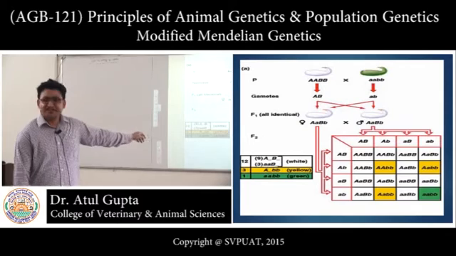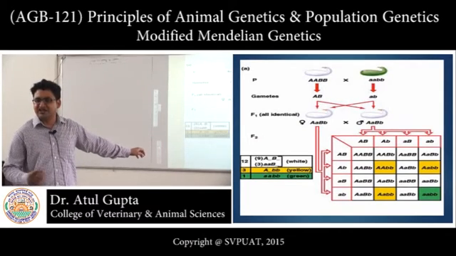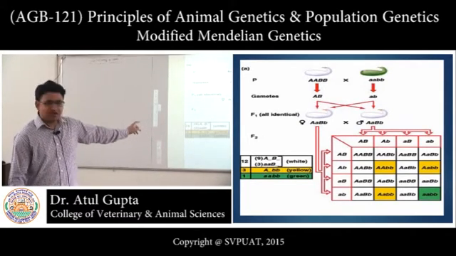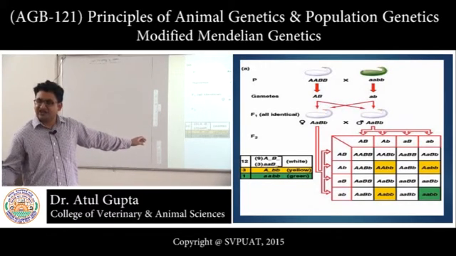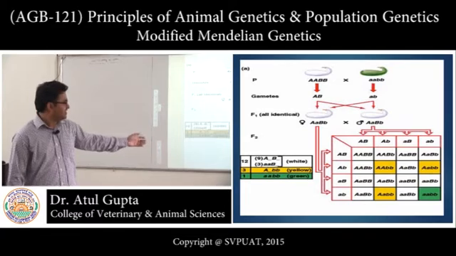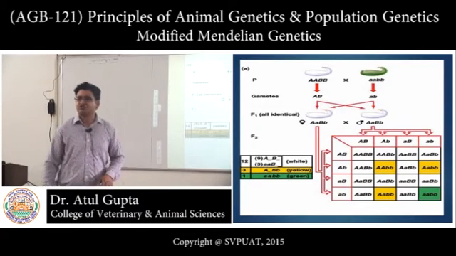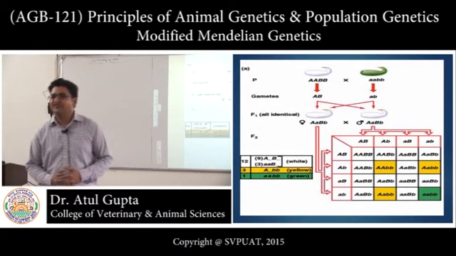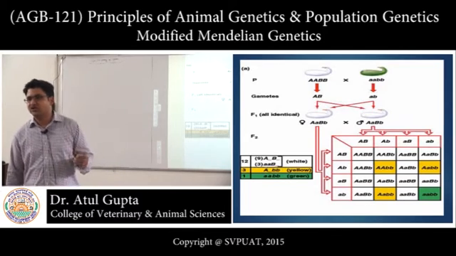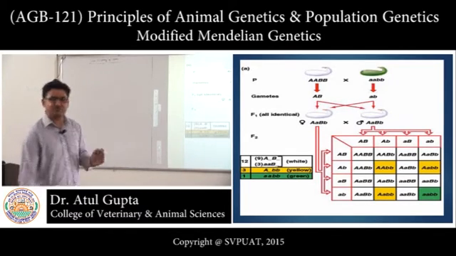But when the small a allele of the A gene is there with other alleles of the B gene, still we will have a white phenotype. So instead of getting a 9:3:3:1 ratio, we got a 12:3:1 ratio in the F2 generation.